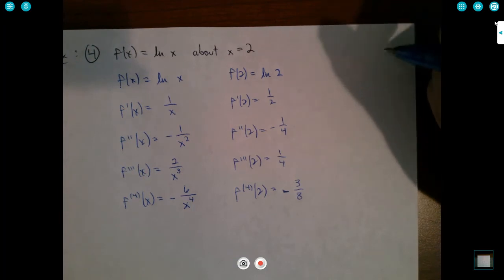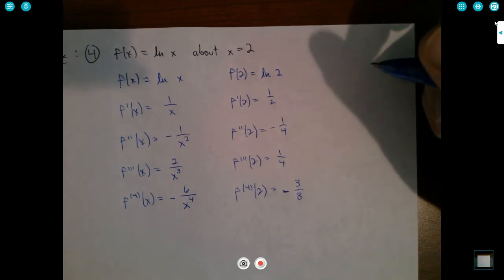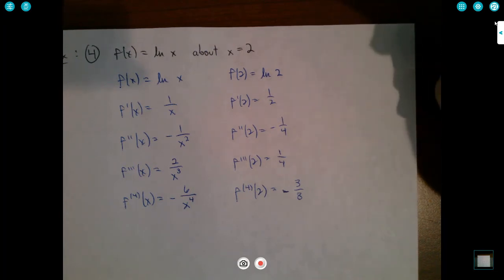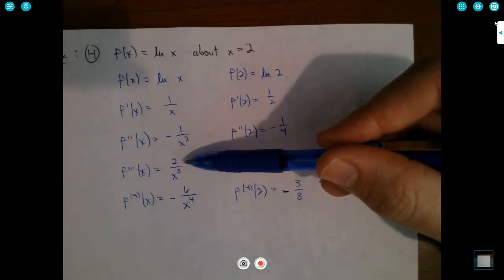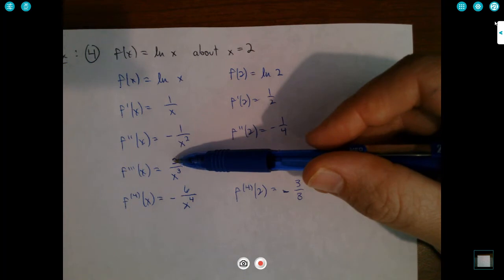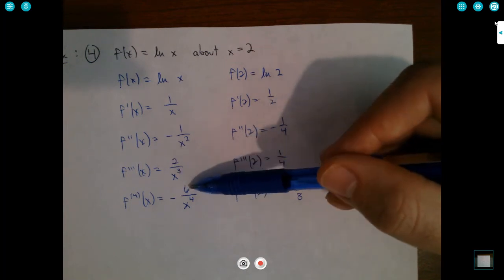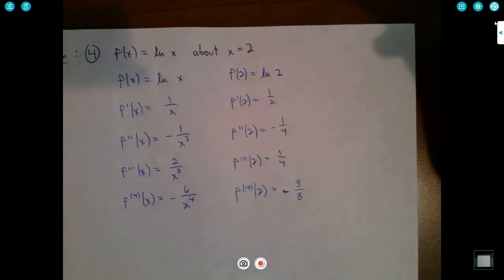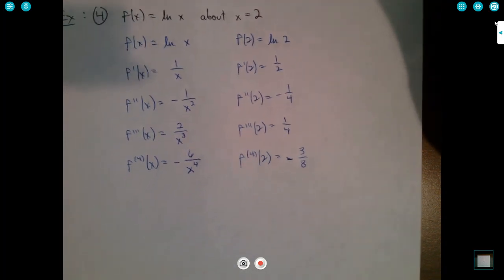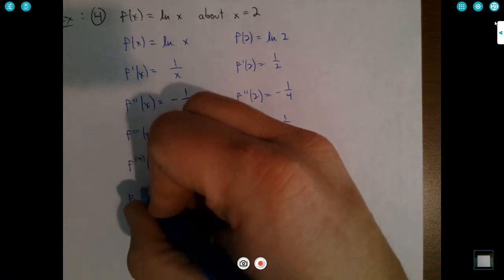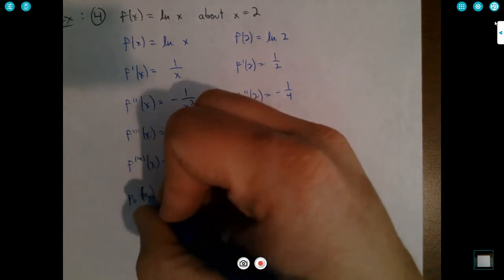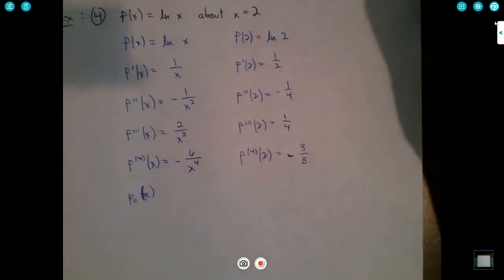Yeah, it reduces by 2. Okay, so negative 3/8. Give me a second. 2 times x to the negative 3. 2 times negative 3 is negative 6. Yeah, so it's negative 6 over x. Okay, all right. So the 0th Maclaurin, not Maclaurin, Taylor. We're working with Taylor now, right?